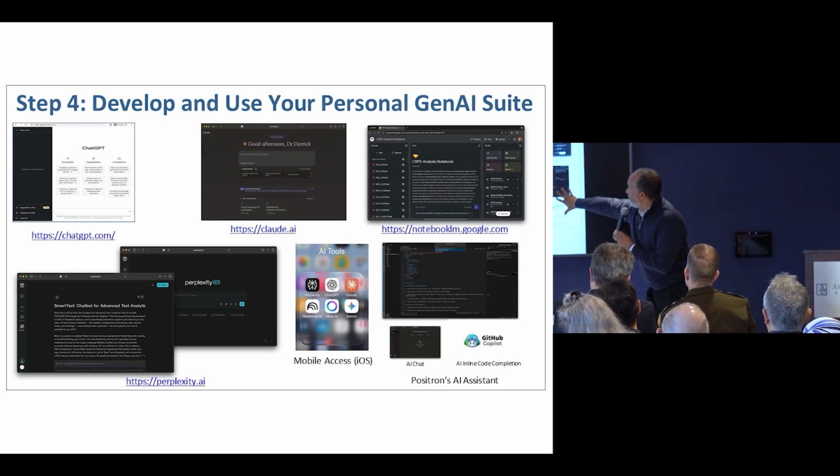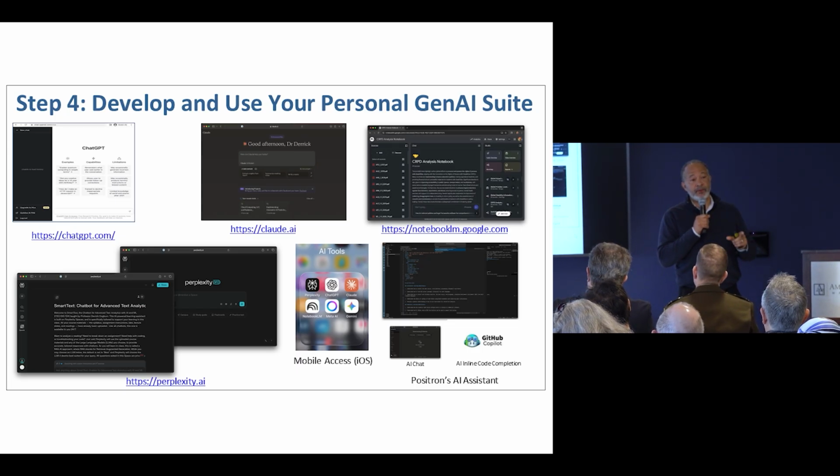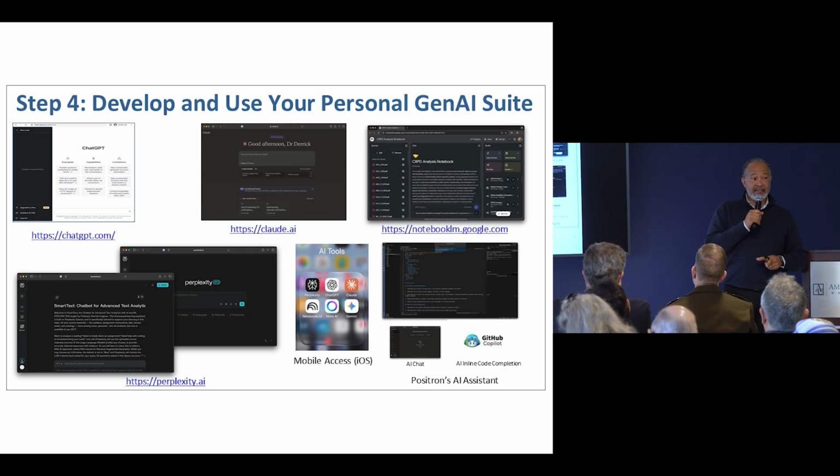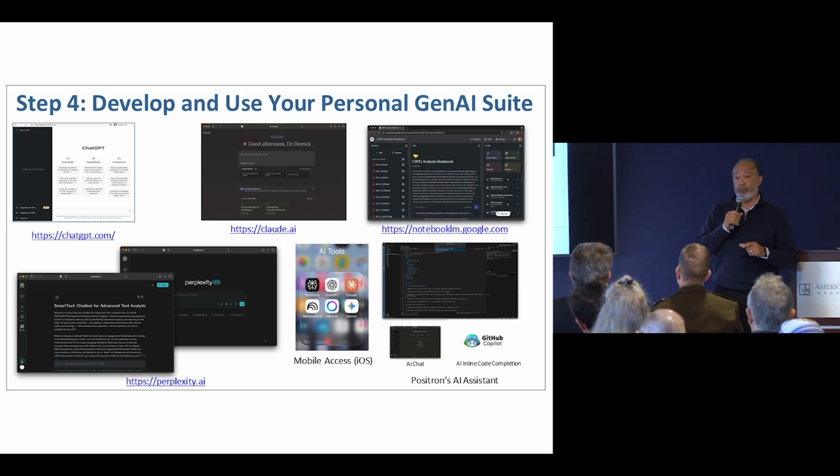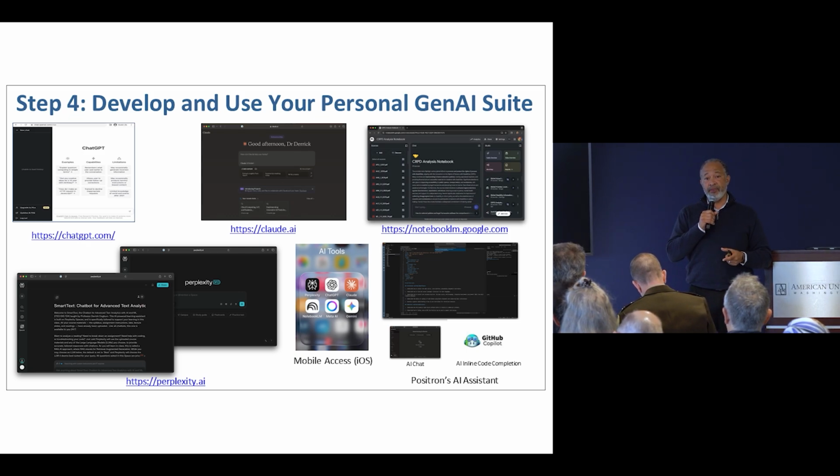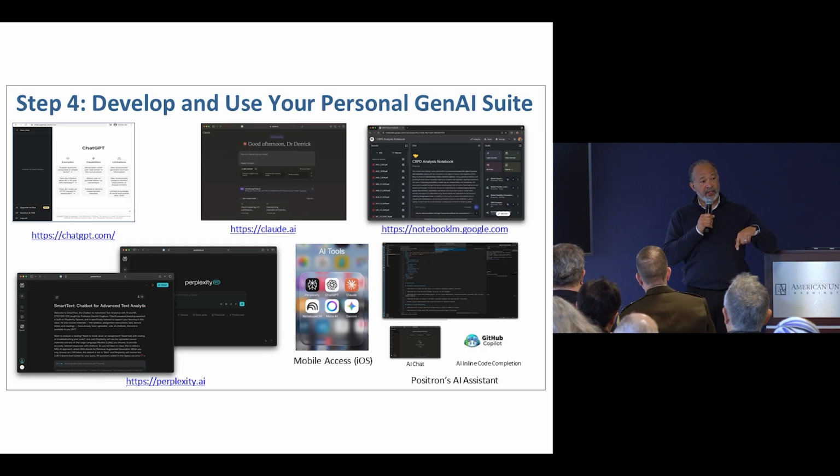right here. Positron has 2 AI assistants built into it. If you have an Anthropic or OpenAI API, you can interact with those large language models from within the IDE.